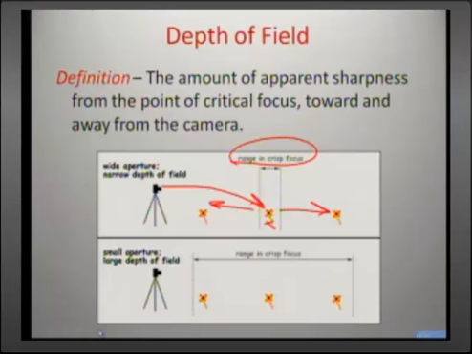So let's say then, for an example, using our previous aperture, that this one here was taken at f1.4. All right, let's take a look at this one. Let's say that this one was taken at f16, like we talked about in the previous slide. This is still our point of critical focus right here. The camera is still focused on this flower, but notice the range of crisp focus now has extended toward and away from the camera from the point of critical focus.